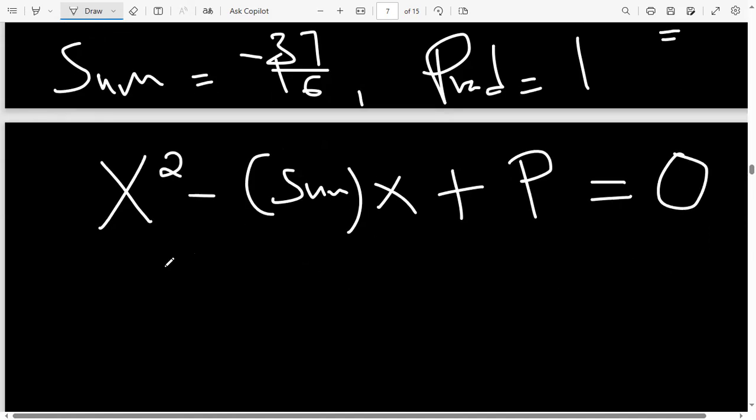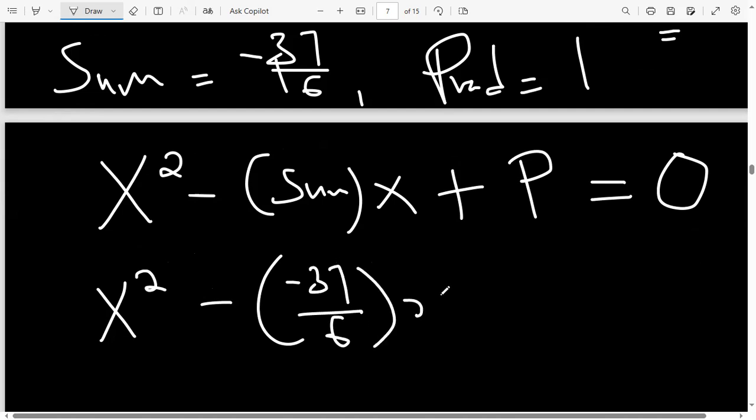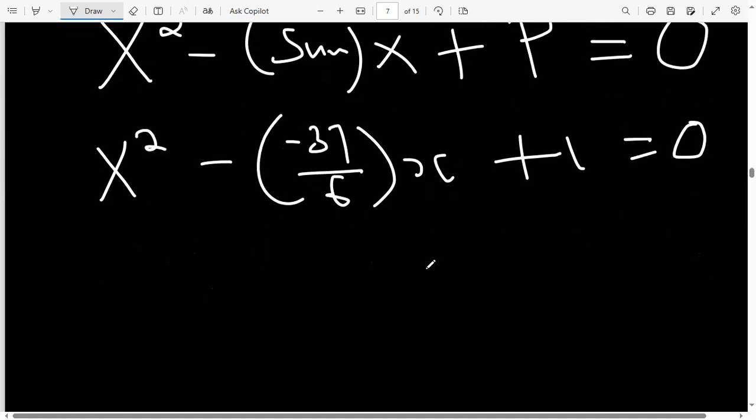So let us replace: x squared minus 37 over 6 x, plus 1 equals 0. You always want to eliminate this fraction, so we are going to multiply throughout by 6.